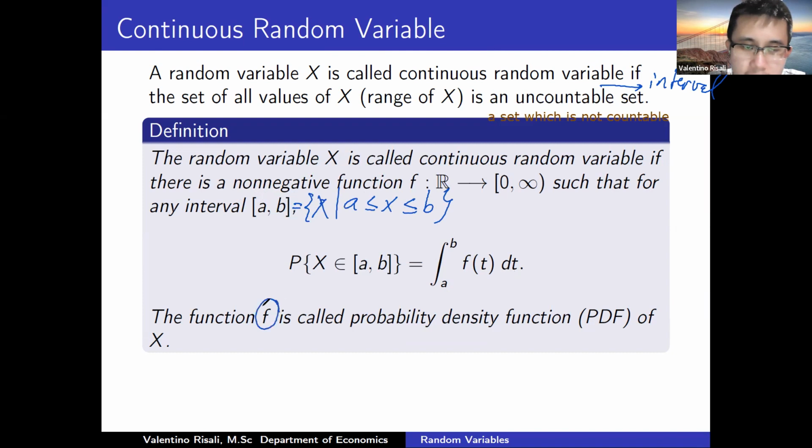And the little f is called the probability density function, or the PDF, of x. Yeah, this is the mathematical definition about continuous random variable.